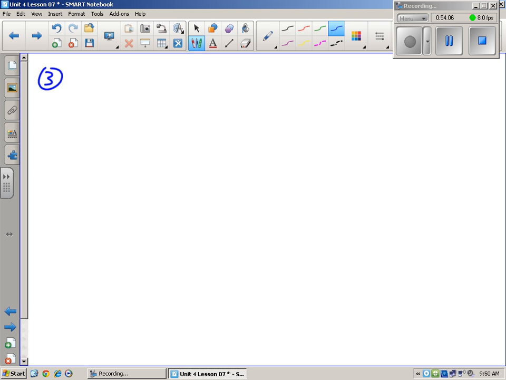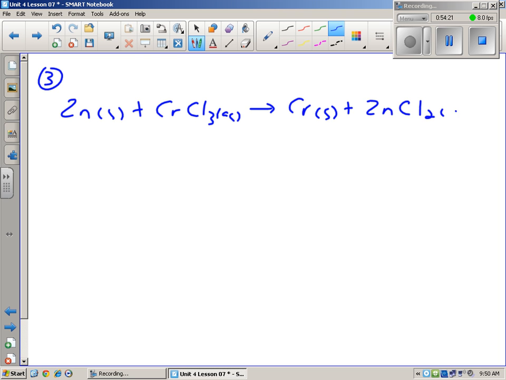It says here that a sample of zinc and chromium 3 chloride, aqueous, gives you chromium and zinc chloride, of course. Zinc 2 plus, chloride 1 minus. Balancing, you're going to have to put a 2 there, 2 there, 3 there, 3 there.